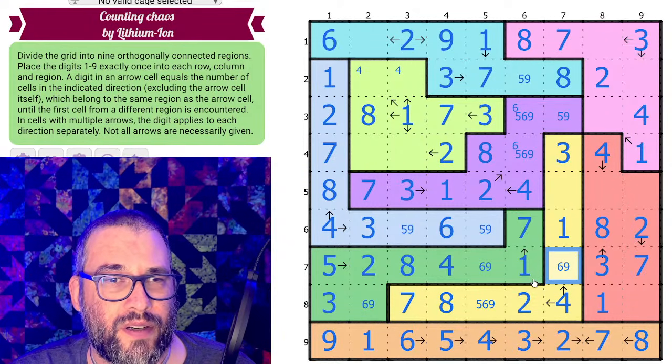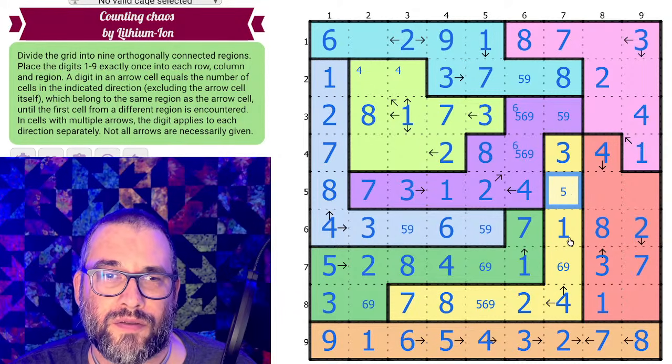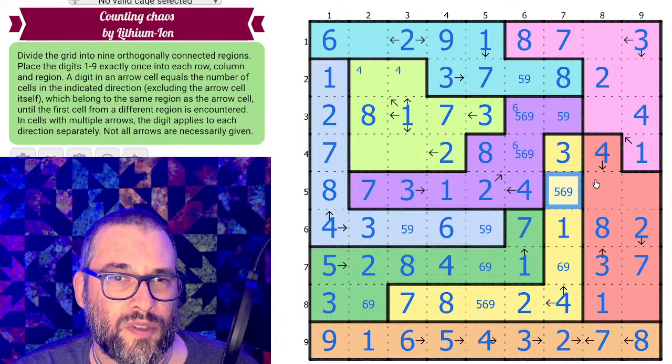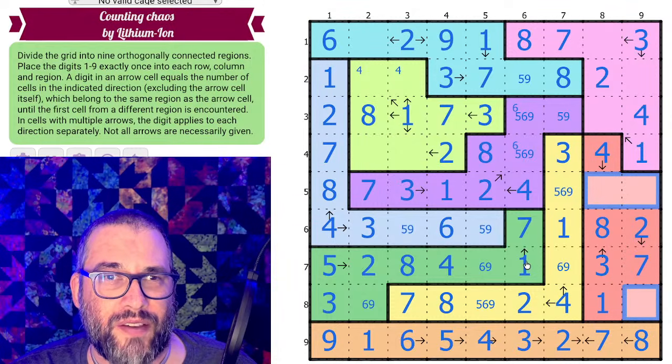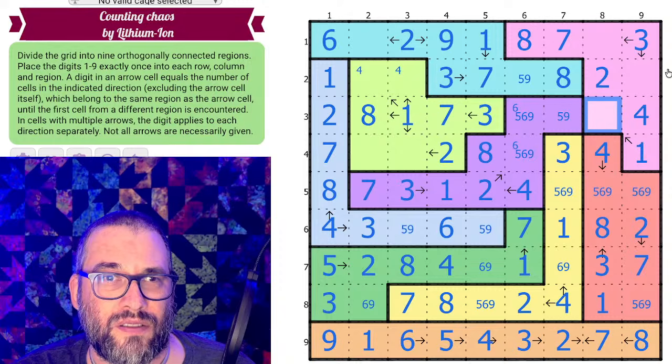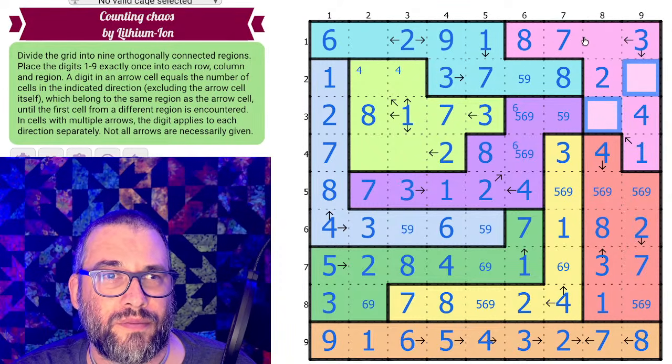That's a 6 or a 9. 5, 6, or 9. Actually, we've just got 5, 6, 9s all over the grid. Might need to color them.